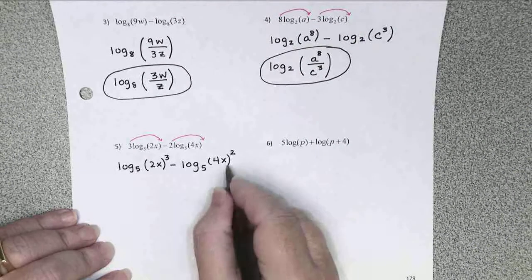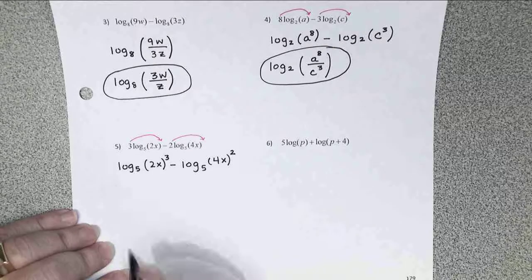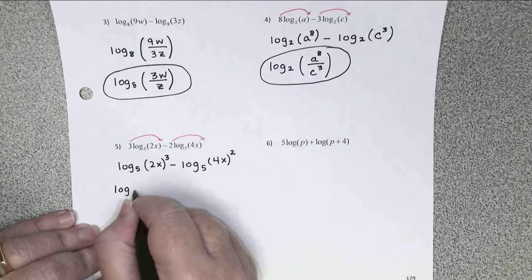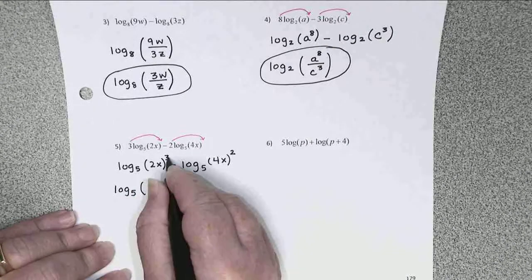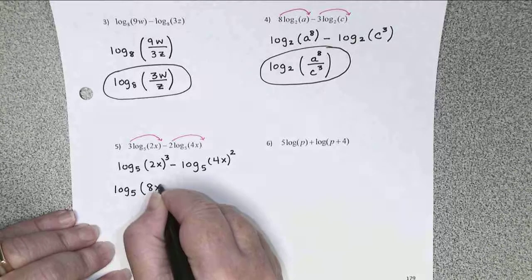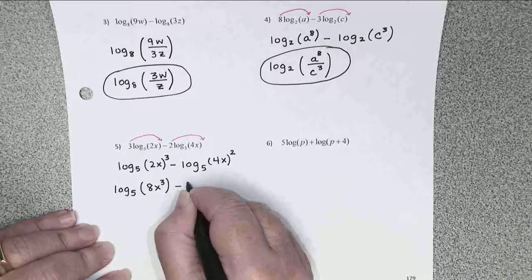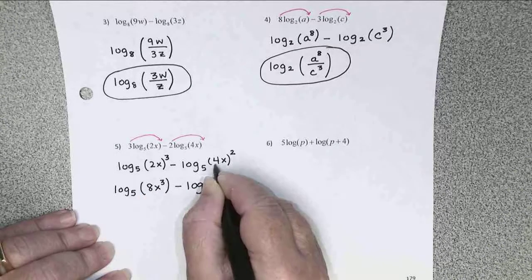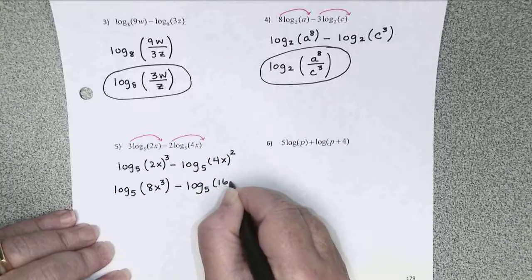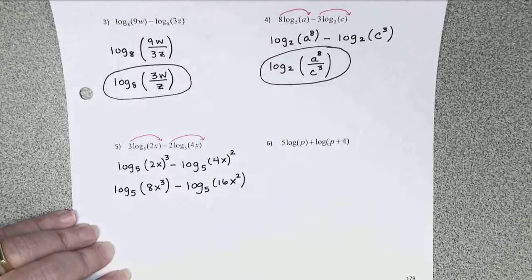I'm going to go ahead and do those exponents. 2 cubed would be 8, x to the 3rd, and 4 squared, that would be 16, x to the 2nd.